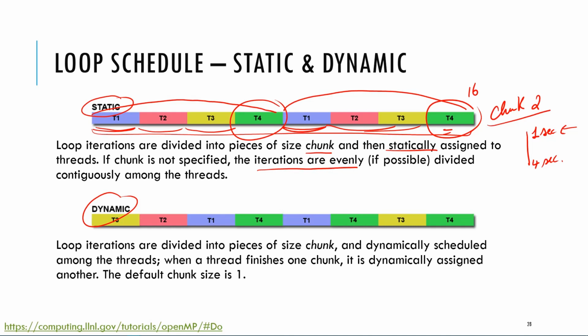But it's only useful when you know that all these chunks would take almost the same amount of work. So suppose that the work is harder after this half, okay? So also defining this chunk equal to 2 is helpful to make sure that each thread would work on 2 of the easy chunks, and then as soon as it finishes its work, would jump to the next half of the array, let's say, to work on the other difficult chunks.